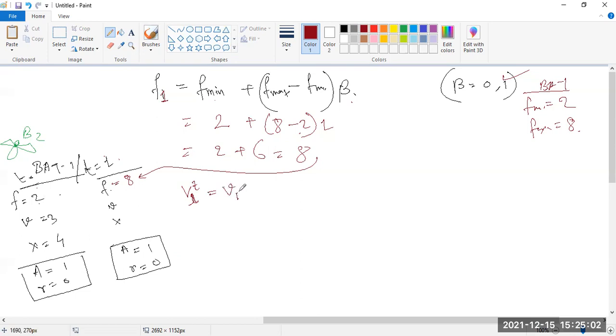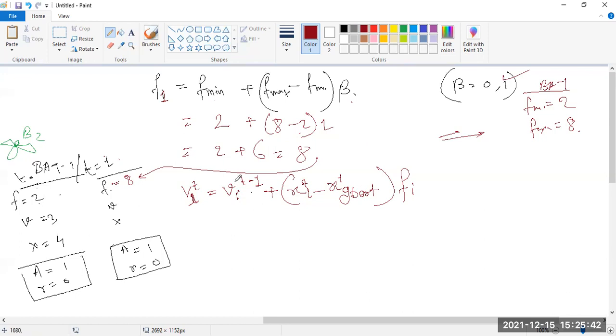V_i^t equals V_i^(t-1) plus (position x_i^t minus x_star, the global best) times the frequency f_i, which is position into frequency, plus the previous velocity, because velocity is also changing. The first time it goes at normal speed, then again the velocity increases. So the velocity also updates. So what will be the updated velocity?